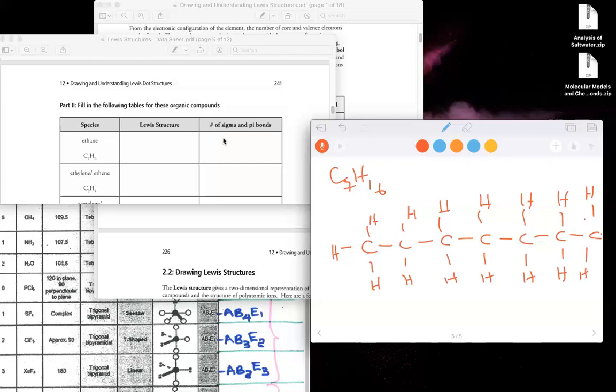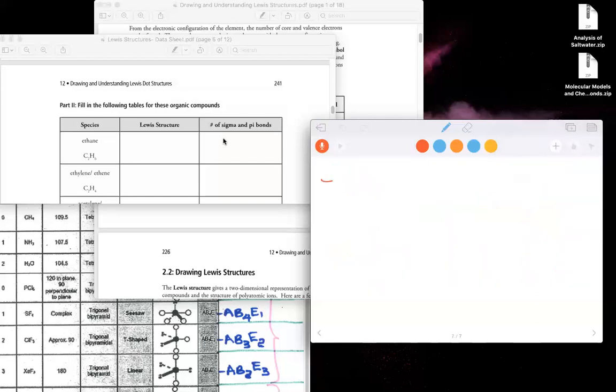But with respect to sigma bonds and pi bonds, this is what I have. This is a single bond. It will have only 1 sigma bond.